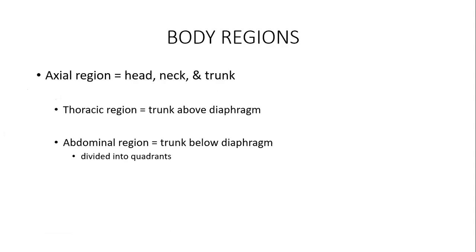Okay. So like I said yesterday, we're going to be talking about regions of the body also. And there's certain terms that you're going to need to know. I'm not going to test you on this, but you're going to need to know some things about the body regions and how it's split up, because you're going to hear about these regions, and I'm going to want you to know about it.